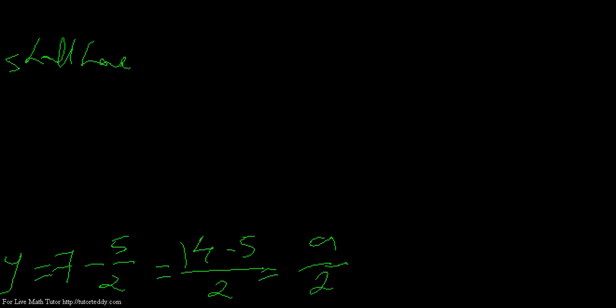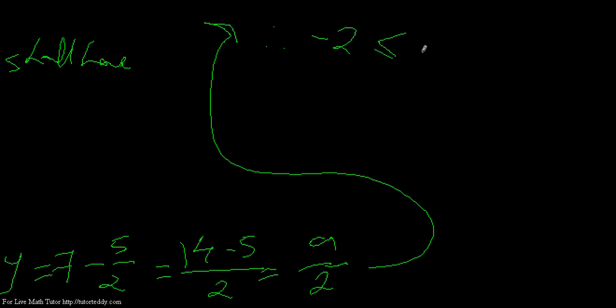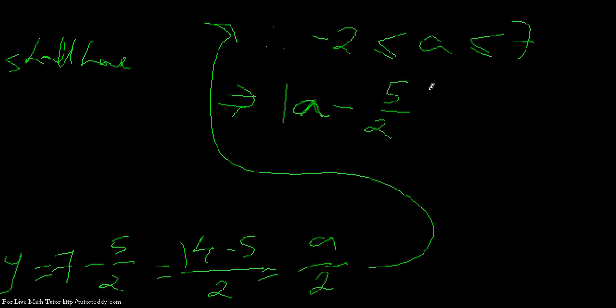So y is 9 by 2. Therefore, I had minus 2 less than or equal to a less than or equal to 7, and this implies modulus of a minus 5 by 2 less than or equal to 9 by 2.